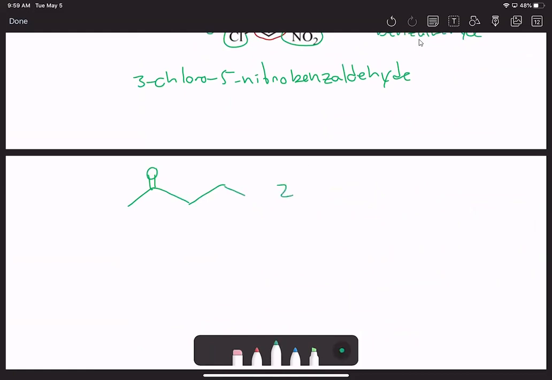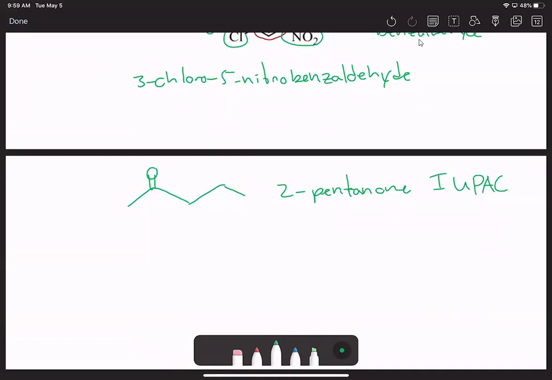I'll make it 2-pentanone here. And this is the IUPAC system. You don't have to memorize what IUPAC stands for, we didn't go over it. It's the International Union of Pure and Applied Chemistry. They're the ones that designate how we're going to officially name these compounds. So the official IUPAC name of this structure is 2-pentanone.